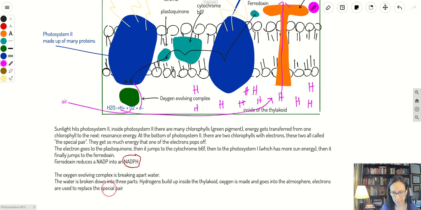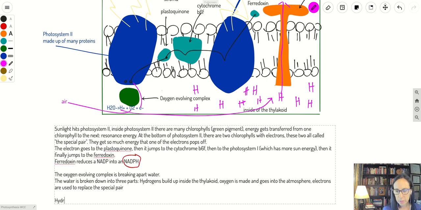I'm going to write that down. Hydrogens build up to a high concentration and start to passively diffuse through ATP synthase.